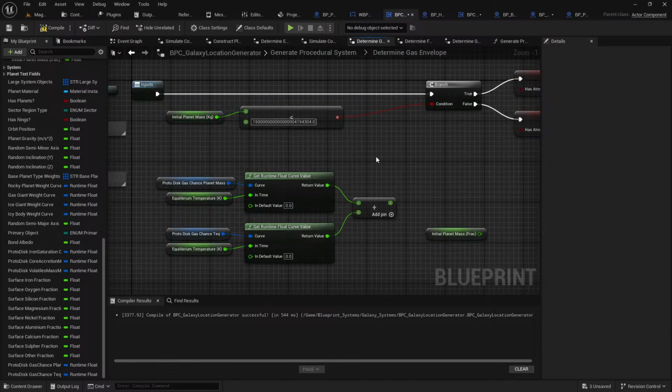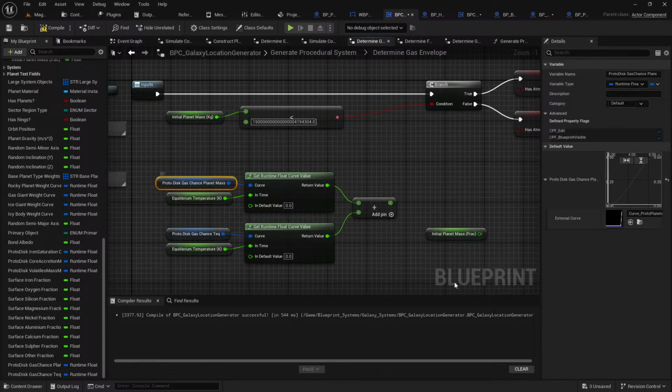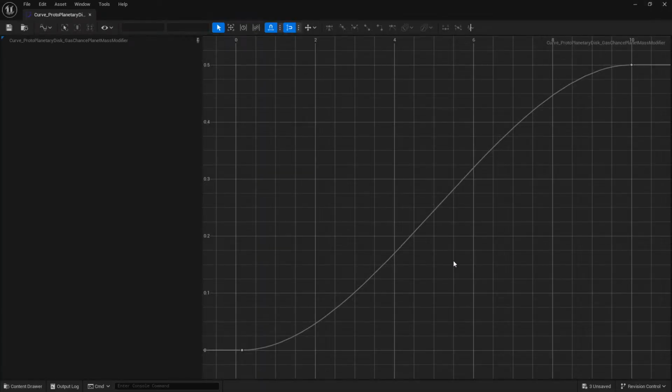So the way I'm going to do this, and this might end up needing to be tweaked depending on what we end up with, but we have a curve for planetary mass. So up here at 10 Earth masses, there's a 0.5 chance of being a gas giant, and that goes down all the way to 0%.